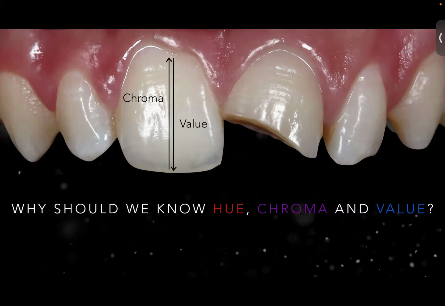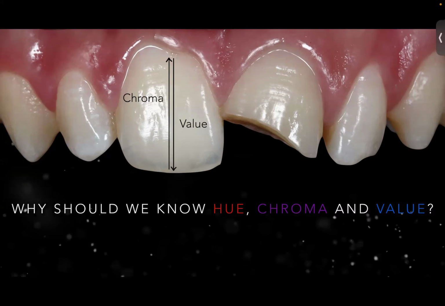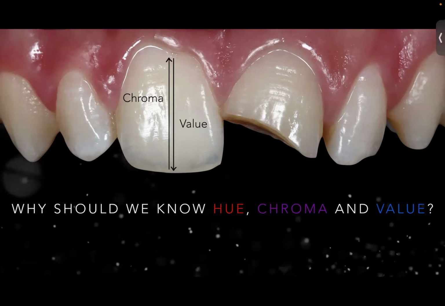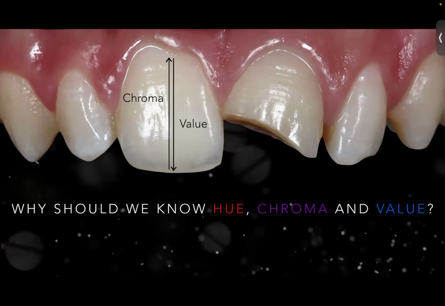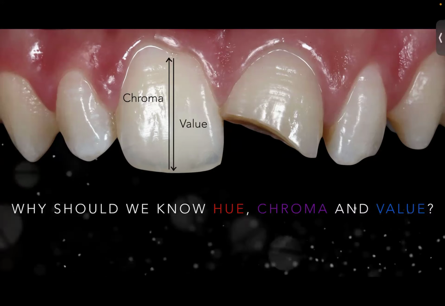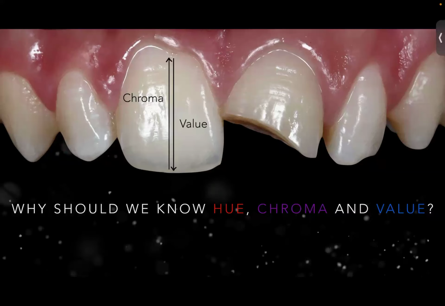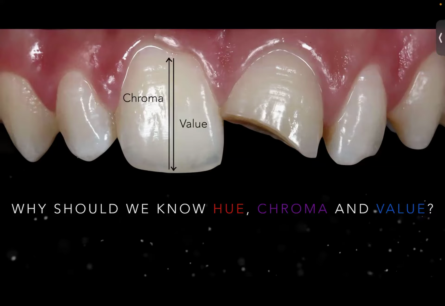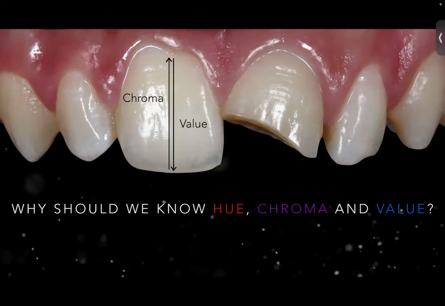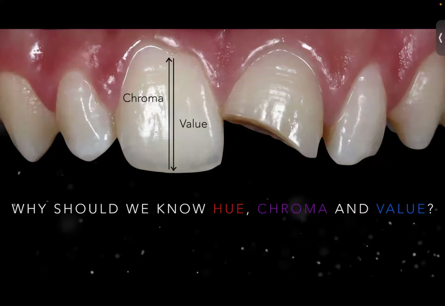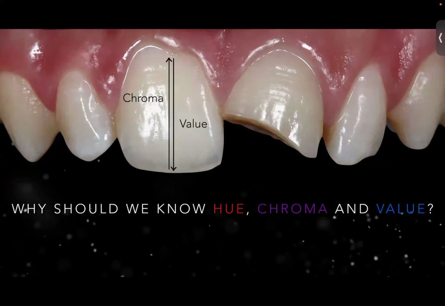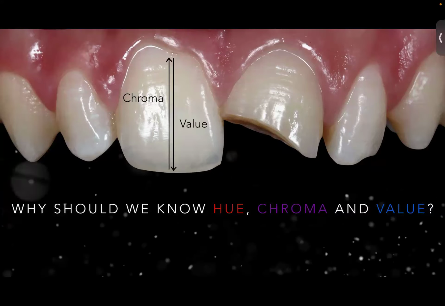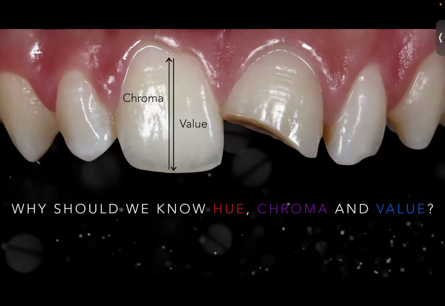But when we look at a natural tooth, chroma increases as we go cervical. The cervical third of any natural tooth is going to be more chromatic or more yellowish, more saturated, right? And similarly, value increases as we go incisally. In a way, we can consider that chroma and value are indirectly proportional.